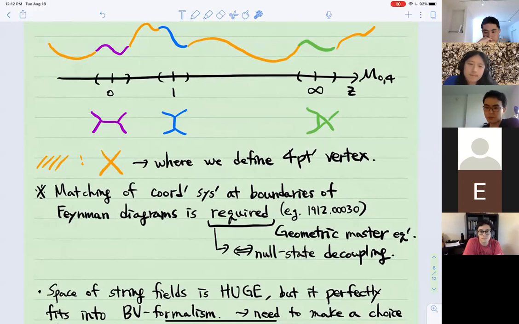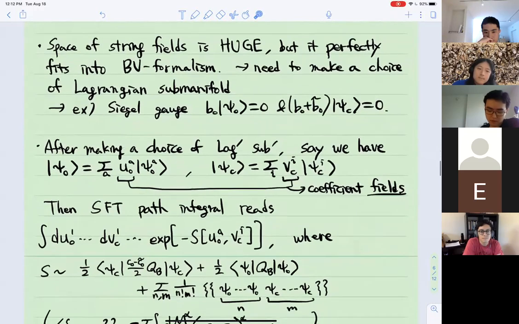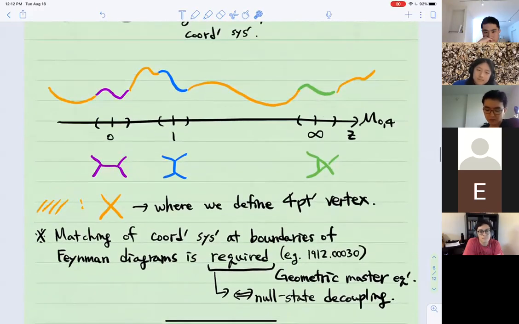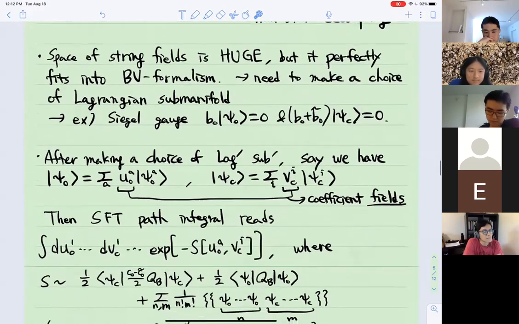We don't need to worry about higher orders. Any questions so far? So all I'm saying here is that you define vertices in such a manner that they basically agree at the border between different Feynman diagrams. Okay.